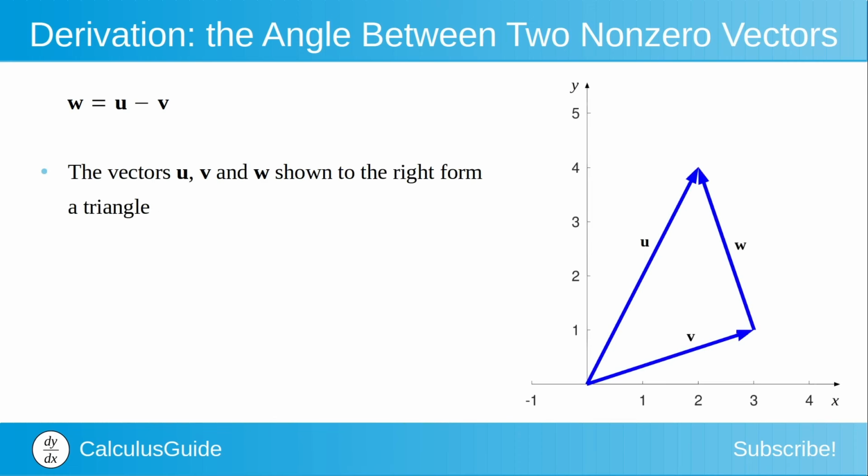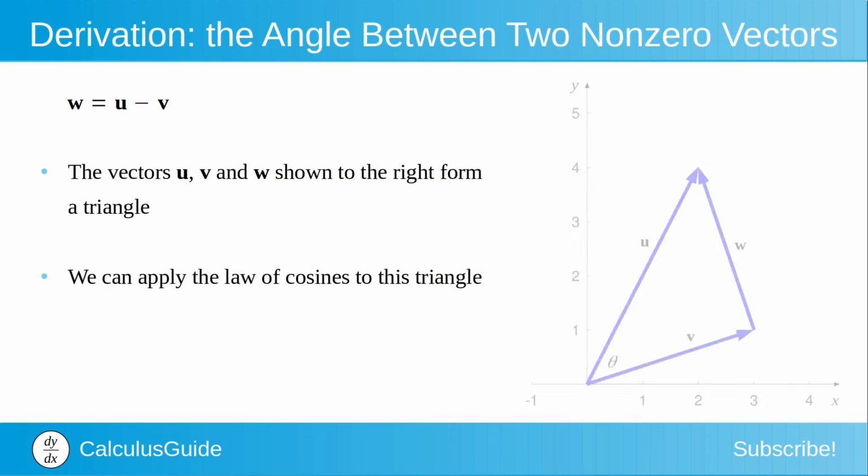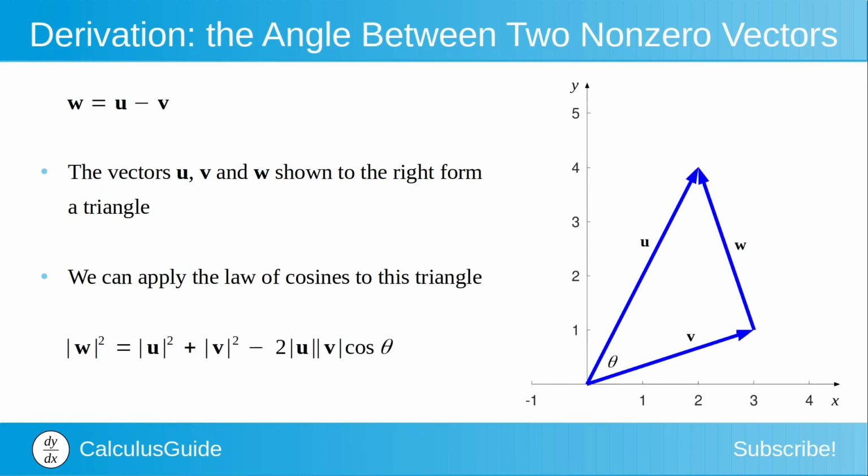The vectors u, v, and w shown to the right form a triangle. We can apply the law of cosines to this triangle. For the angle theta between the vectors u and v, the length of the vector w squared is equal to the length of the vector u squared plus the length of the vector v squared minus 2 times the length of the vector u times the length of the vector v times cos theta.